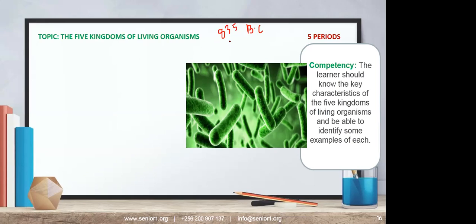He first classified living organisms into plants and animals, Kingdom Plantae and Kingdom Animalia, and he even wrote a book. He called his book The Natural Scale of Life.